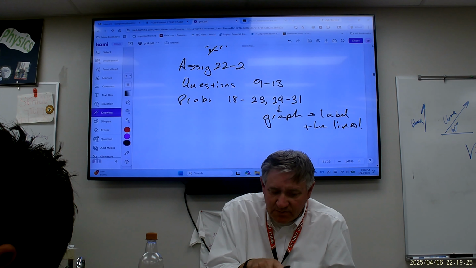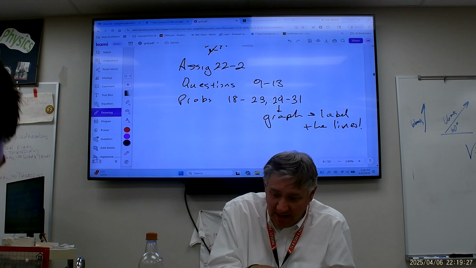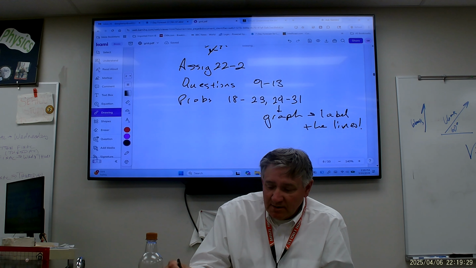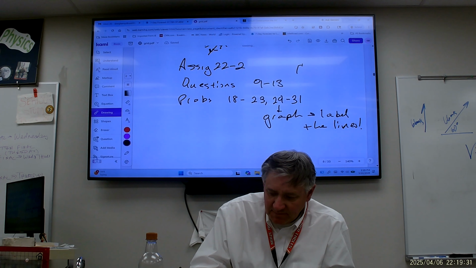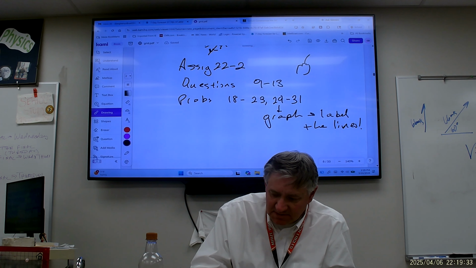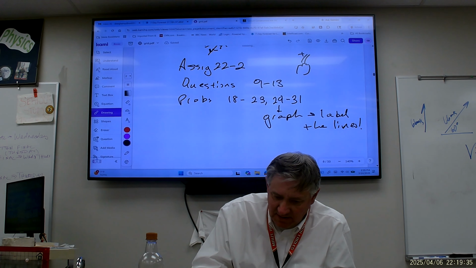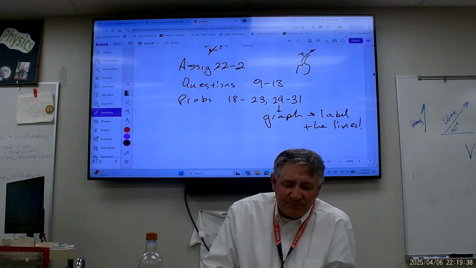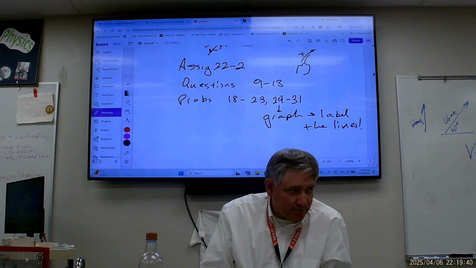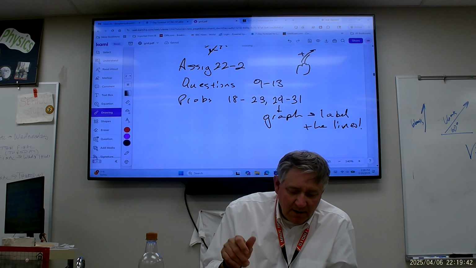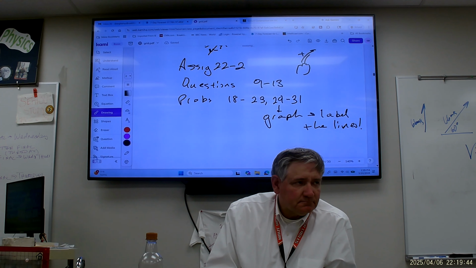Here's the battery, there's your positive terminal, and we're assuming that it's positive charges leaving from that positive terminal and going around. Okay? All right.